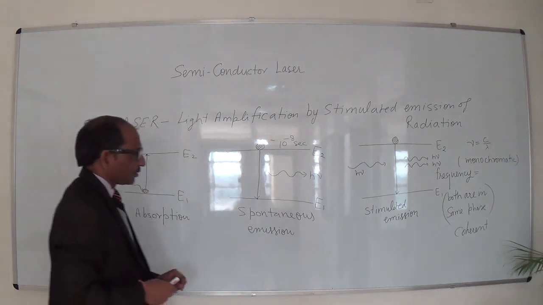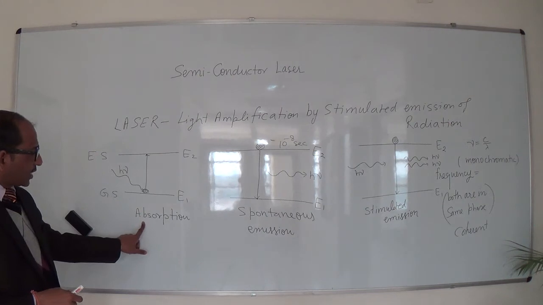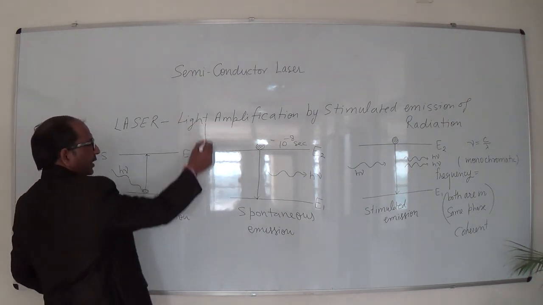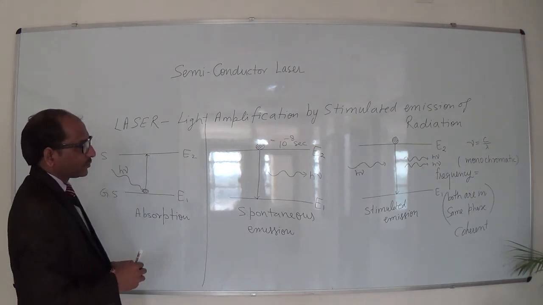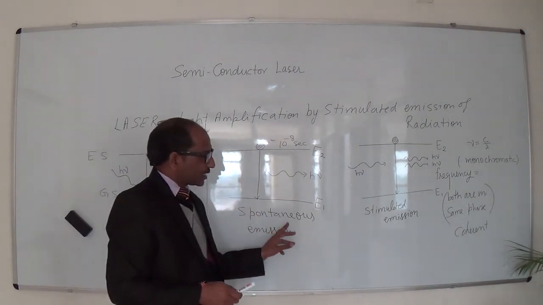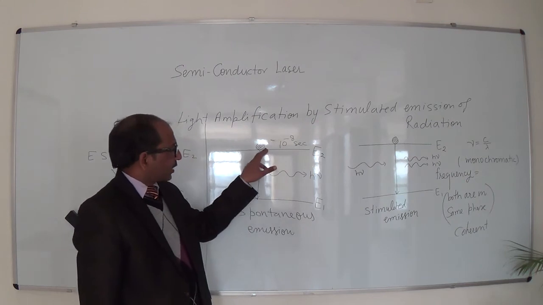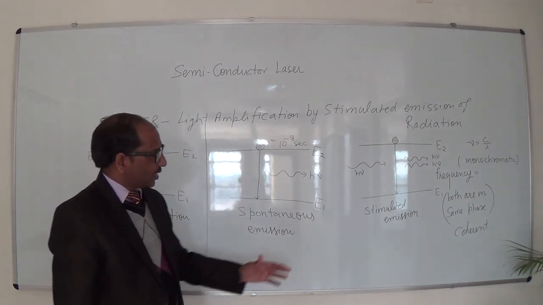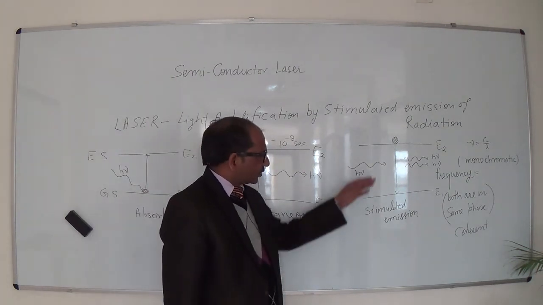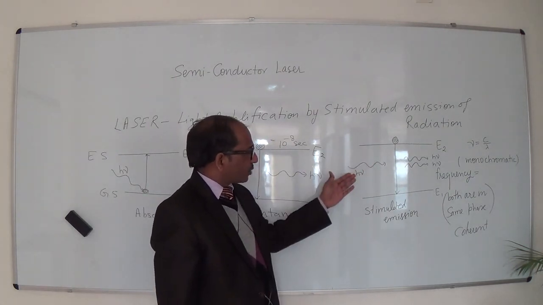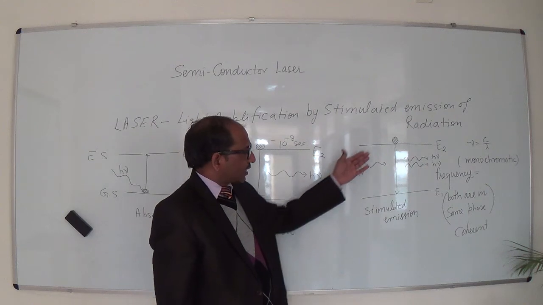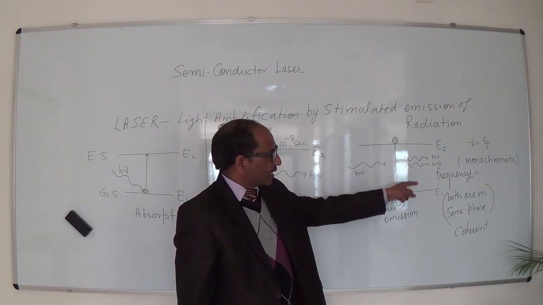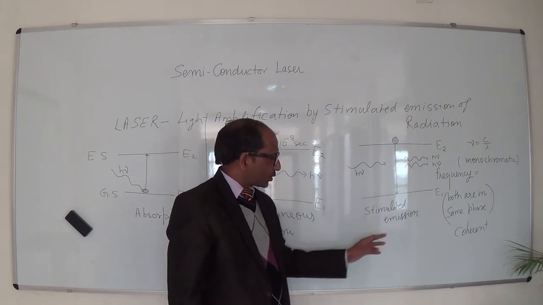There are three processes. One is known as absorption. Second, there are two possibilities of emission. One is spontaneous emission: an excited atom spontaneously jumps into the ground state. And secondly, this excited atom is induced by a photon, and as a result we get two photons of the same frequency and both photons are in the same phase.